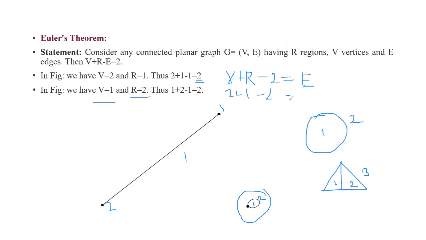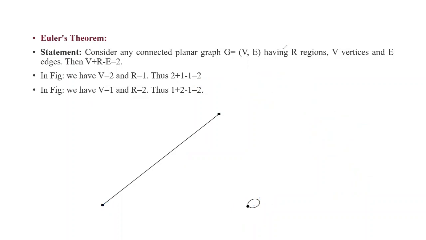So the number of edges is 1. See here, the number of edges, this one, it's only 1. So we stop here. In the next session, we will see the next part.